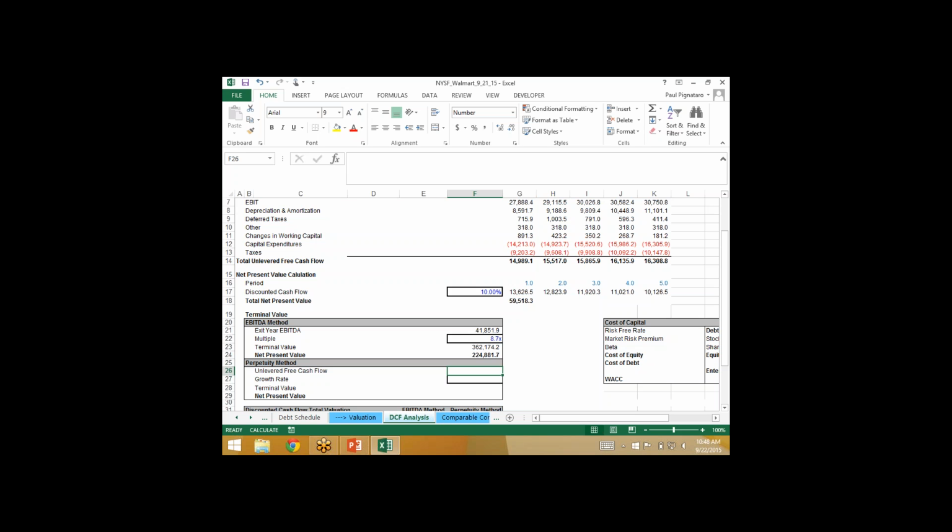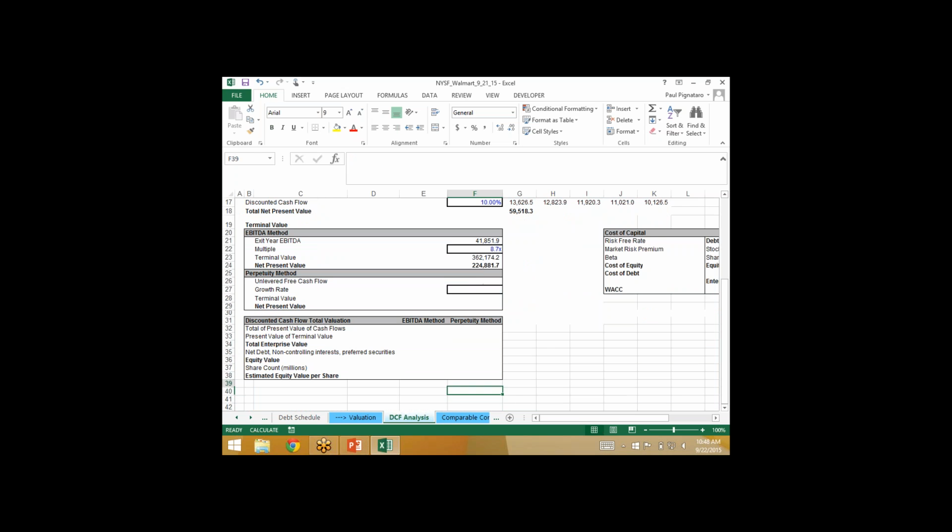And we want to now cross-check with the perpetuity method. Oh, can you go back to the formula for a second? Yep. Got it? Okay.